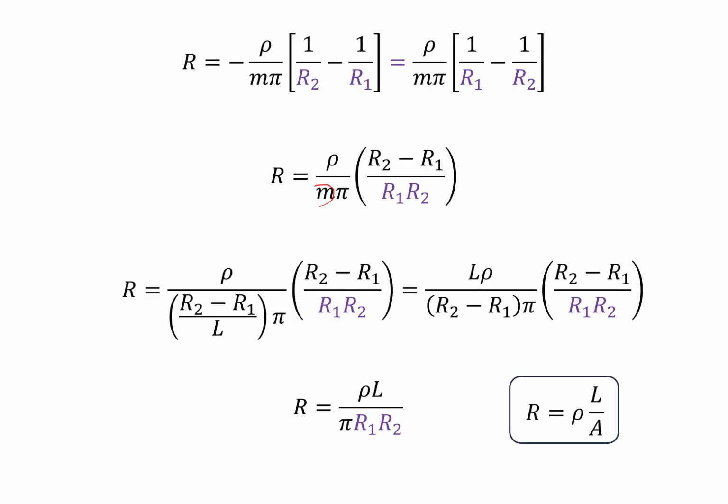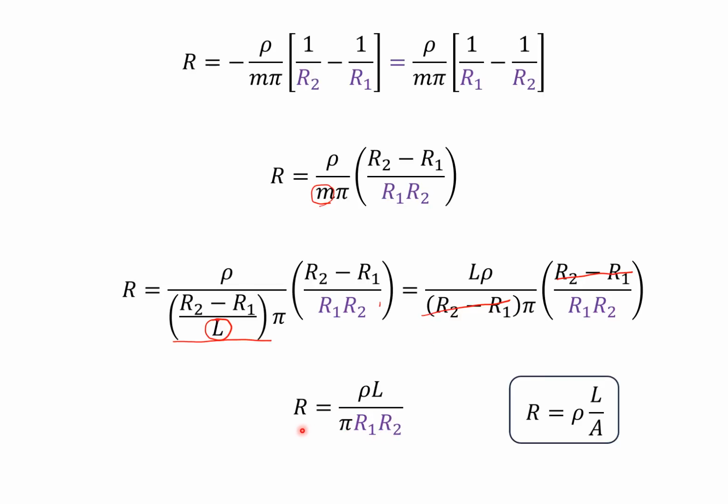So this m I am replacing, m is the slope, by (R2 minus R1) over L. So you bring this L to the numerator, because this will go to the numerator. Then you will get L into rho divided by (R2 minus R1). Here also there is R2 minus R1, so this and this will get cancelled. So finally you will get R is equal to rho L divided by pi R1 R2.